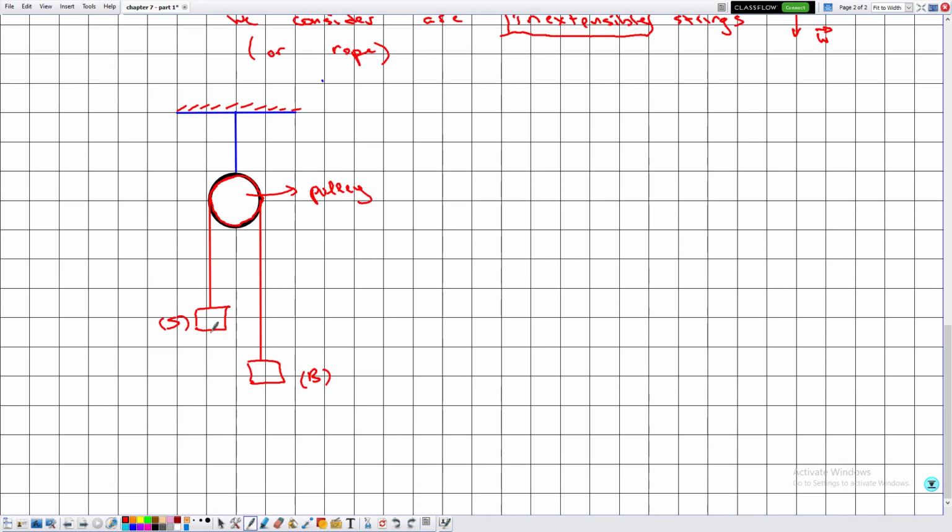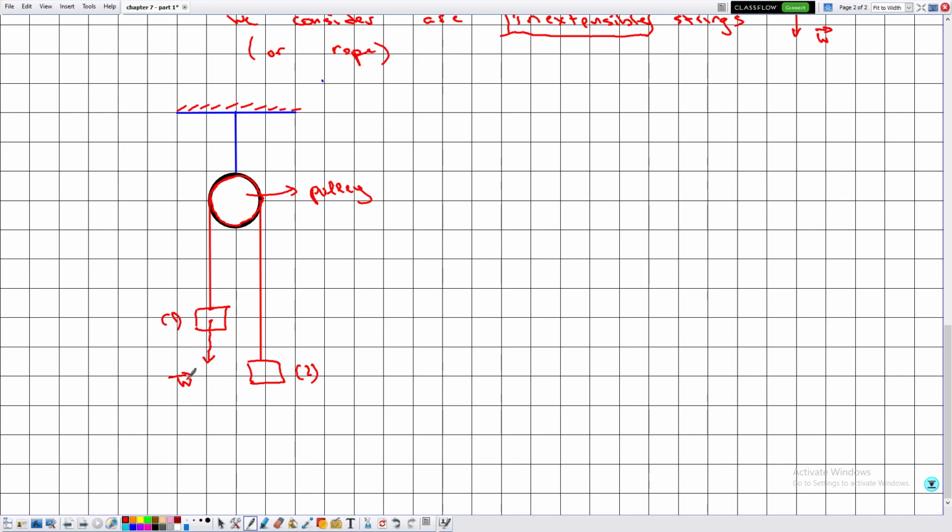Now notice that for the solid S, the weight is acting vertically downward like this. Let's say that this is the weight of the solid S, and because here we have a string, there must be another force opposing the action of the weight, which is the tension, say for example T1. Let me say that this is object 1 and this is object 2.